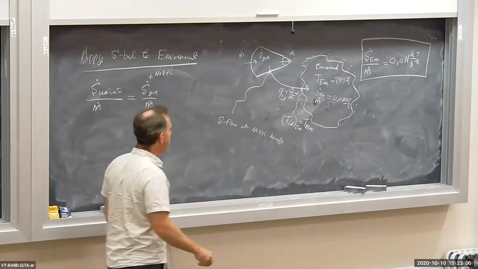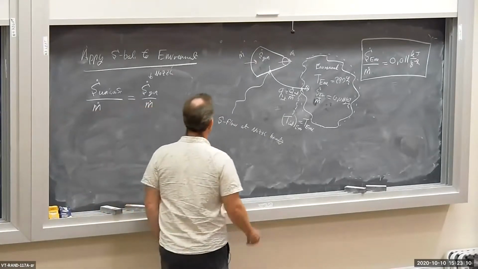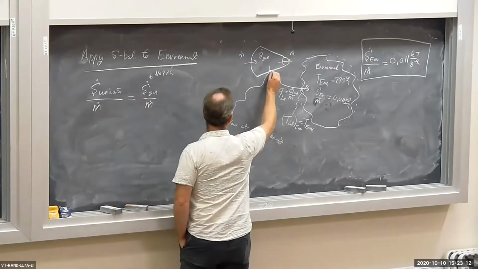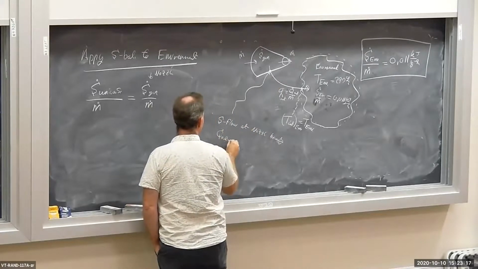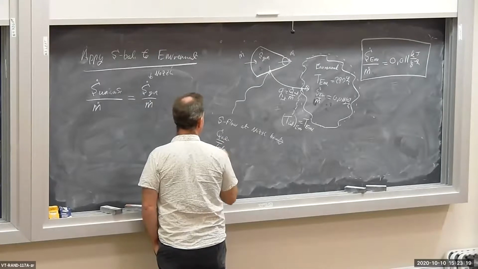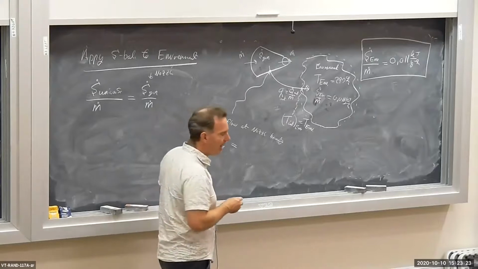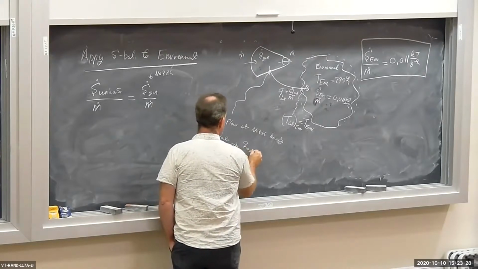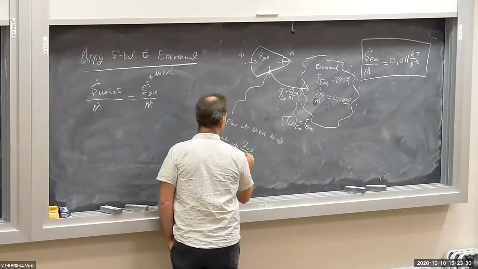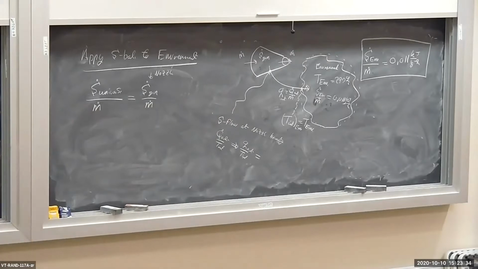Let's calculate the S flow right at the nozzle boundary. The flow of entropy at the nozzle boundary is equal to Q dot out over the interaction temperature, or per unit mass flow, Q out over the interaction temperature. Let's calculate that, and that's the interaction temperature for the nozzle.